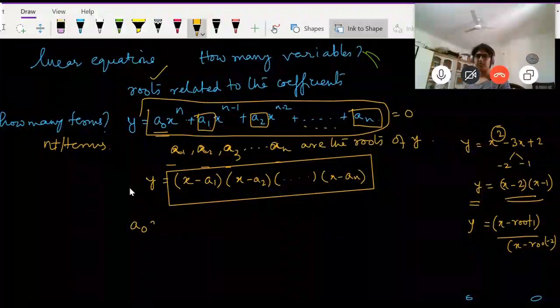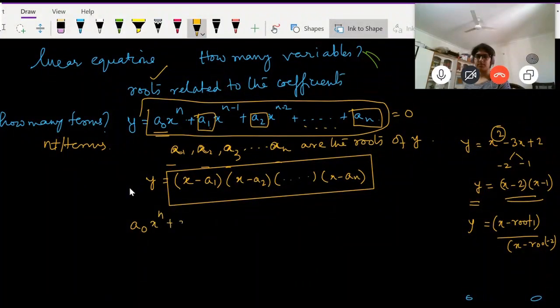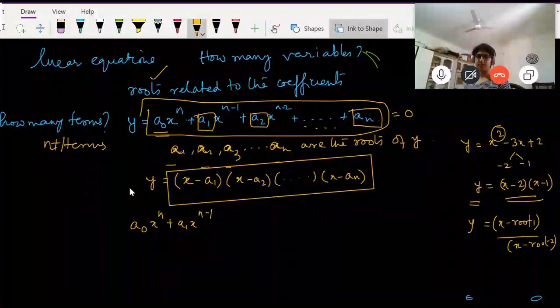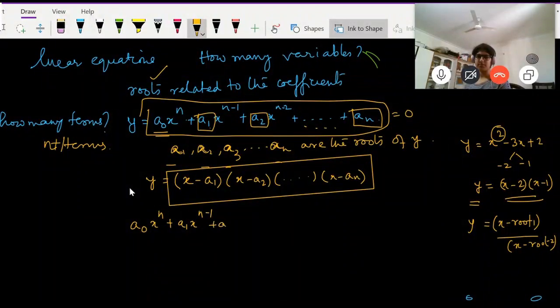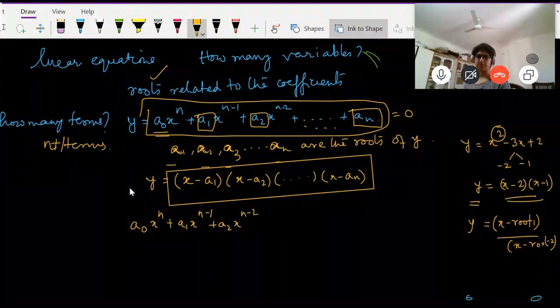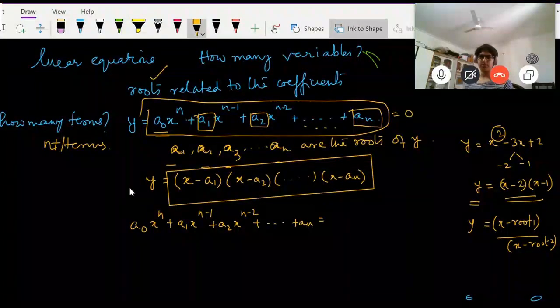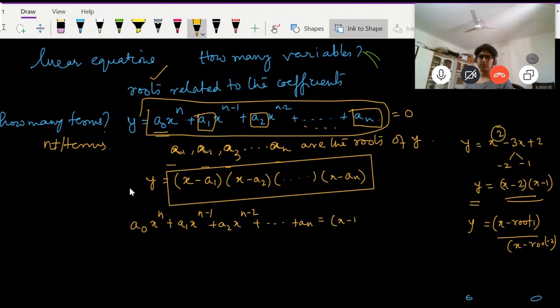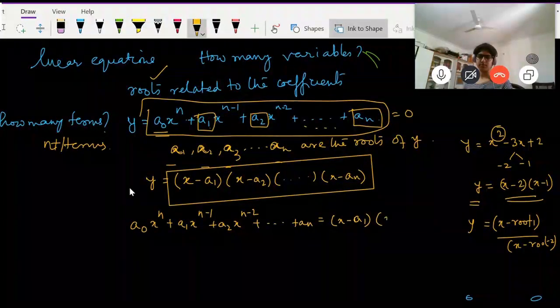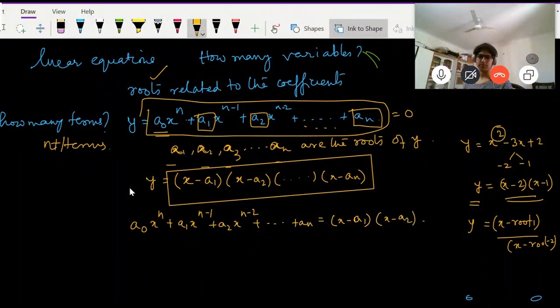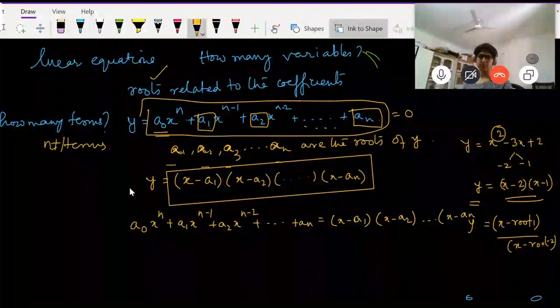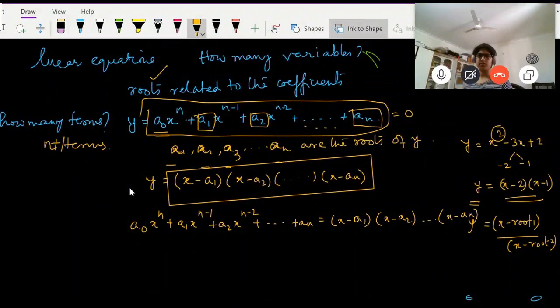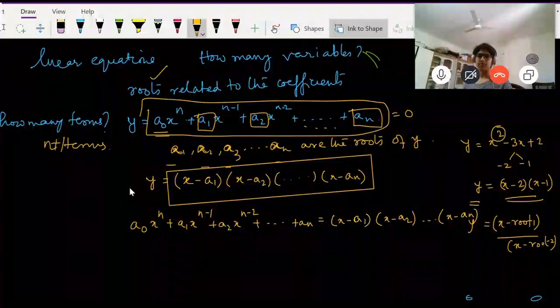So I can write a0 x^n plus a1 x to the power n minus 1 plus a2 x to the power n minus 2 up to an is equal to x minus a1 into x minus a2 up to x minus an, right?